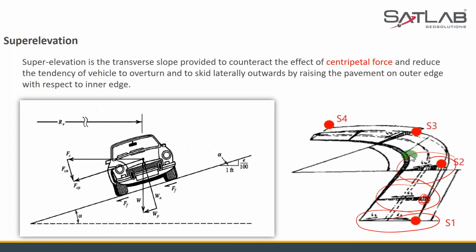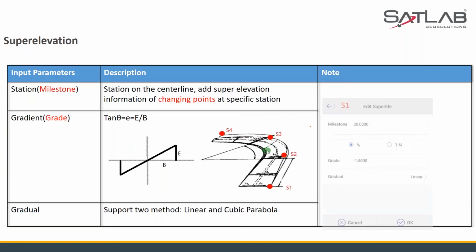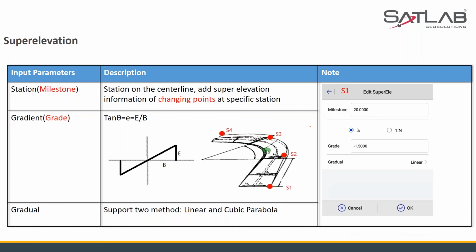Okay, so this is S1, my section 1, where my gradient is normal over here, and after that, as you can see, the gradient changed where this part is going a bit up, and S2 is at its best, that is it's going more up over here, from the left to the right side of the road, and then S3, then S4 comes back to normal. So let's see how to input the parameters.